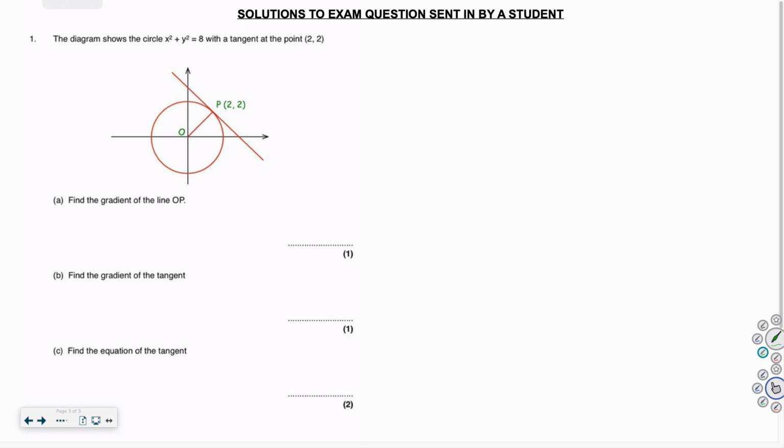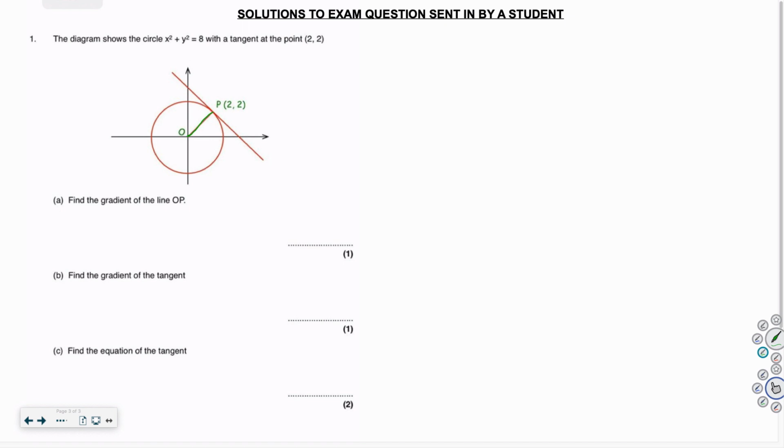So the first thing we need to do is identify which line is OP. If we have a look on our diagram, we can see that O to P is this line here, and I'm going to highlight that in green like so. So that's the gradient of the line that we're trying to work out.